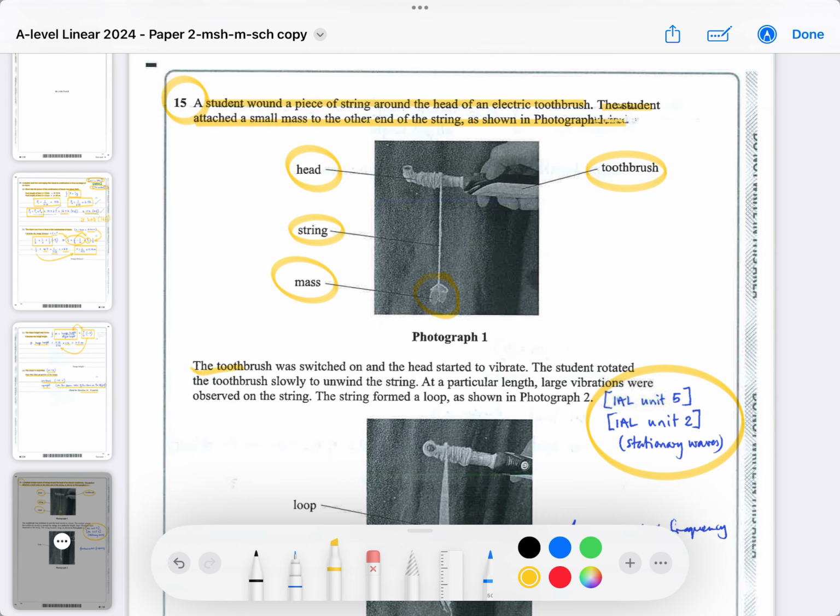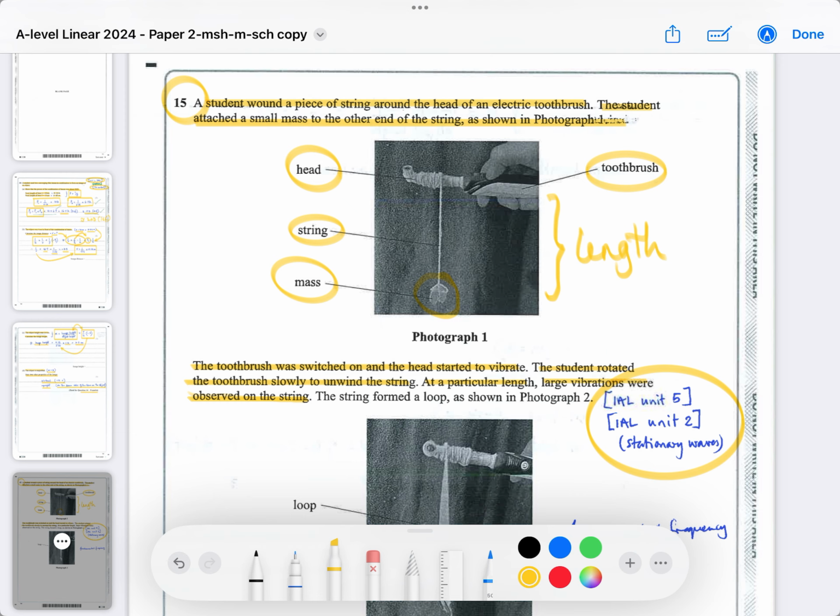The toothbrush was switched on and the head started to vibrate. The student rotated the toothbrush slowly to unwind the string, in other words, to make the string longer. At a particular length, large vibrations were observed on the string.